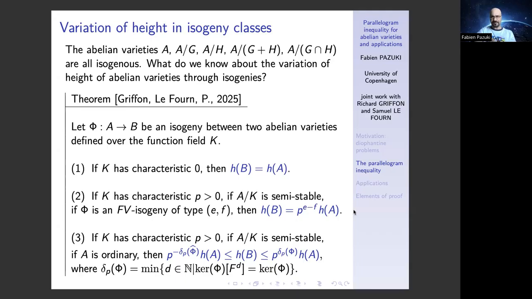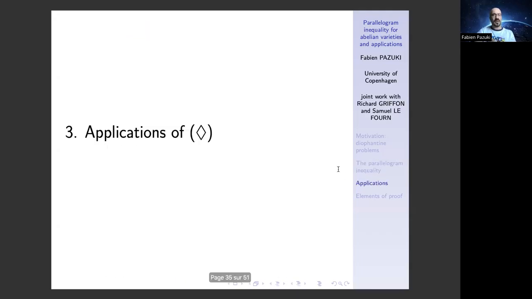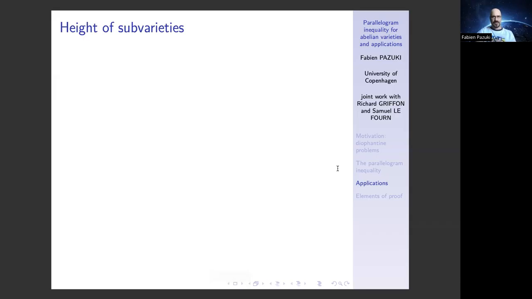Let's see. So before giving you elements of proof, I would like to give you two applications of the parallelogram inequality to somehow answer a little bit my first part with the nice questions about diophantine problems. So you remember the key technical step in Gaudron-Rémond that was improved was the control on the height of subvarieties.